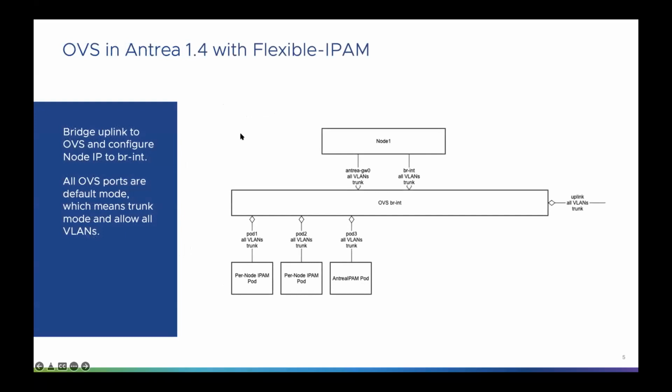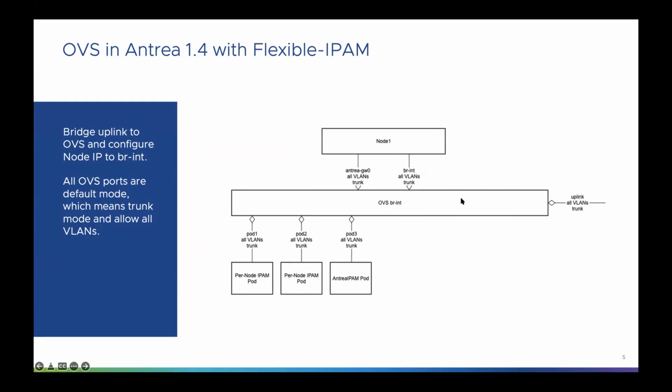And here is the OVS flow enhancement in Antrea 1.4 with flexible IPAM. With the flexible IPAM enabled, we need to bridge the uplink to the OVS bridge, whose default name is br-int.